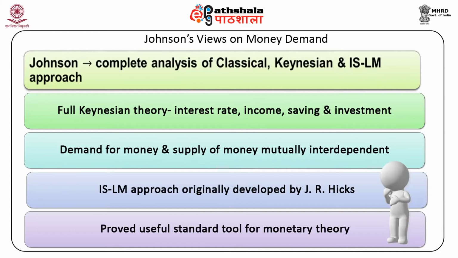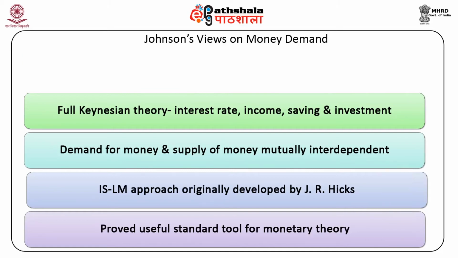H.G. Johnson in 1962 gave a complete analysis of classical, Keynesian, and the ISLM approach of determination of rate of interest. He proposed that the full Keynesian theory, in which the interest rate, income, saving, and investment, demand for money, and supply of money are mutually interdependent, can be represented by the ISLM curves.